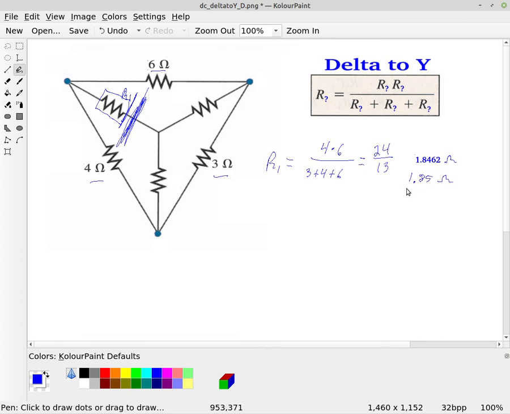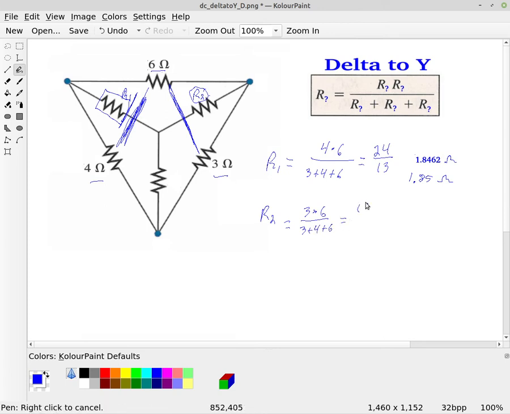Now you pick another one. Call this one R2. Like I say, I really don't care what we call it, but we do at least need to give it some kind of label here. We're going to look at these two. So we're going to say 3 times 6 divided by the sum of each of those.